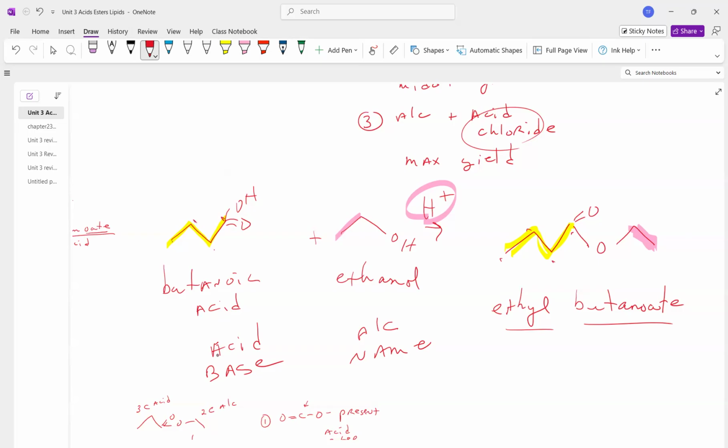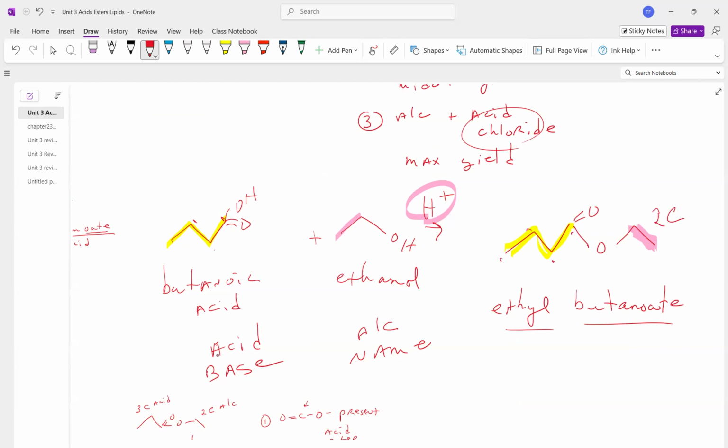So we start with a 4 carbon acid, butanoic acid. If you look over here, there are 2 carbons. 2 carbon alcohol is ethanol. So if we start with butanoic acid and ethanol, we would get ethyl butanoate.